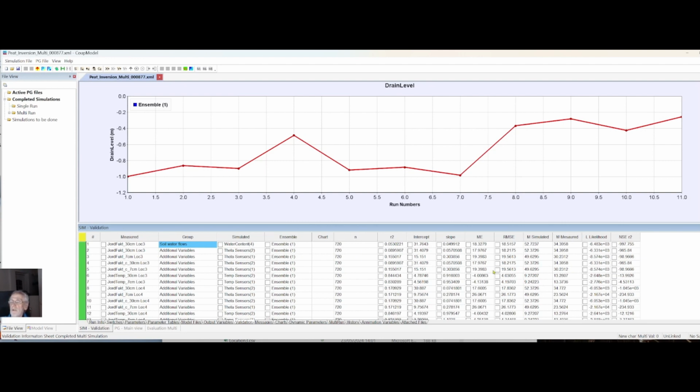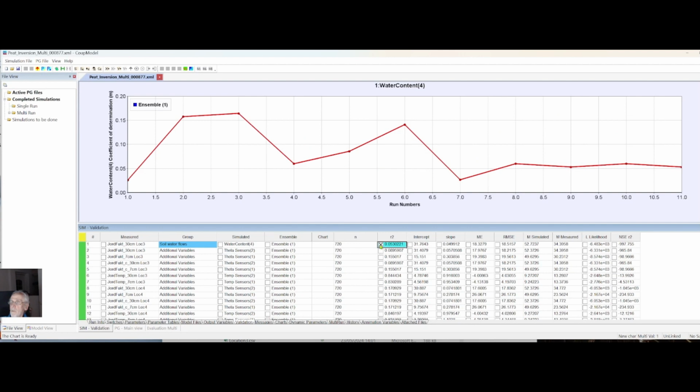If we now would like to see the performance of the model, we could first of all click any one of those here where we have various performance indicator, and you recognize first of all R square, that is maybe the most well known, and then we could see that this R square is different for each of the different runs.